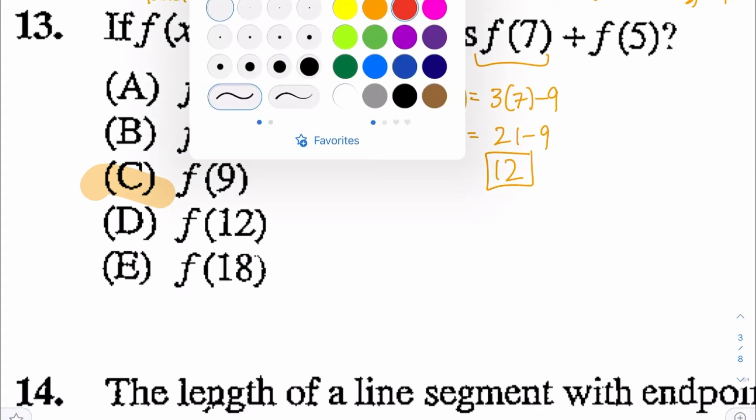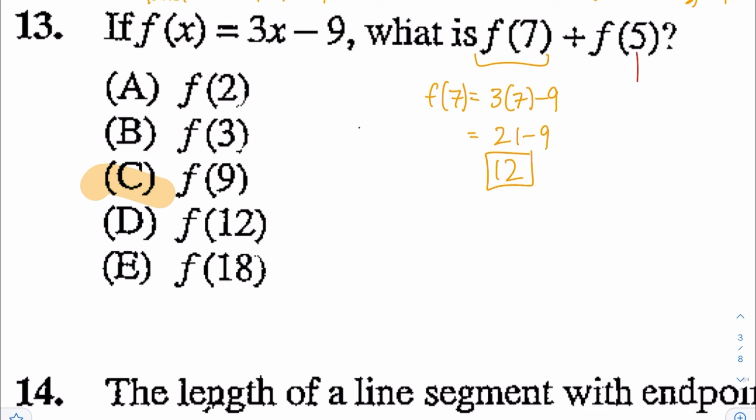And then for the second part, you replace x with 5. So f of 5 is equal to 3 times 5 minus 9. That's equal to 15 minus 9, or negative 6. Oh, sorry, positive 6.